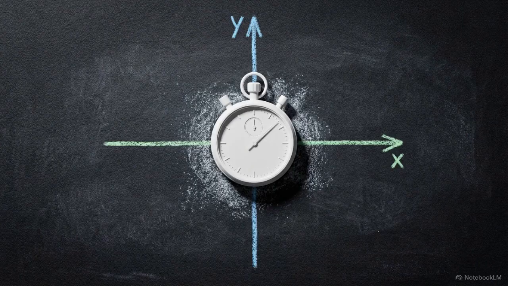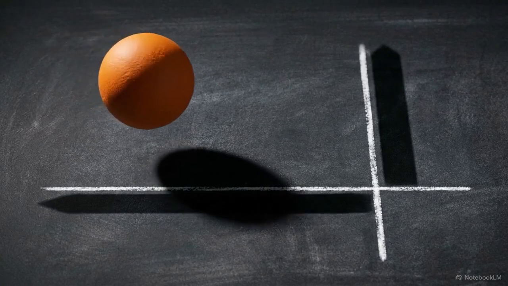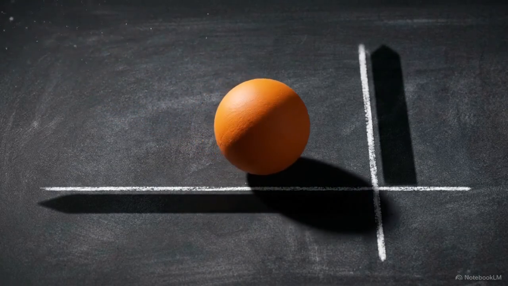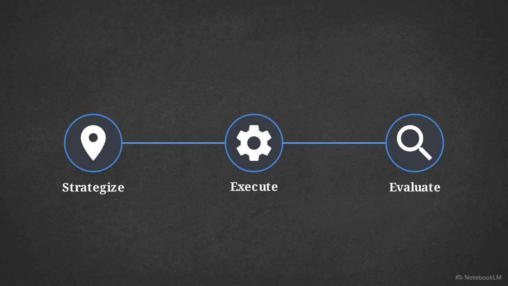The vertical and horizontal components are independent. The only variable shared by both dimensions is time. Through the concept of orthogonal independence, complex curving trajectories seamlessly resolve into the basic 1D rules applied separately to the individual axes.